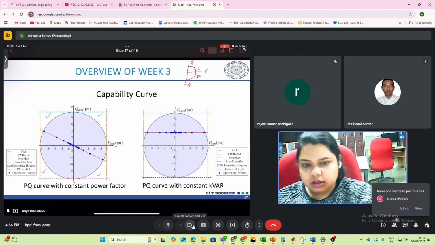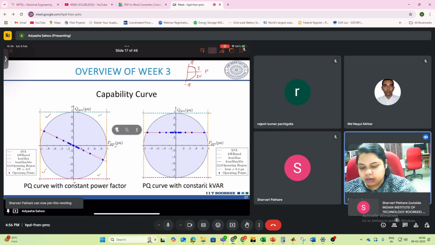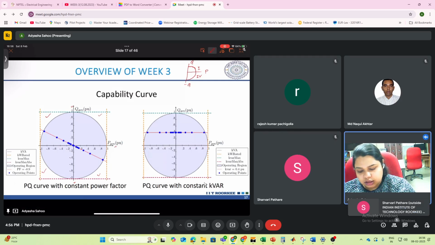But for the battery, we have the four quadrant operation here. So you can see here the rated value, basically in per unit. It is varying from 1 per unit on the positive side, that is the injection side, and -1 on the absorption side, it is also going to 1 per unit.